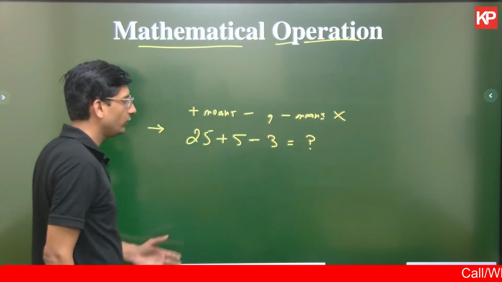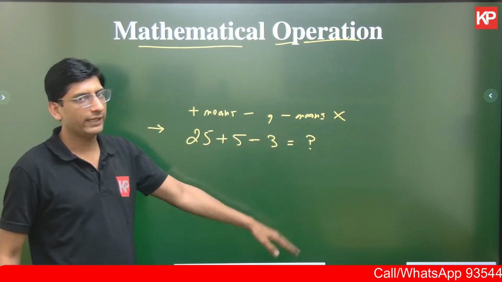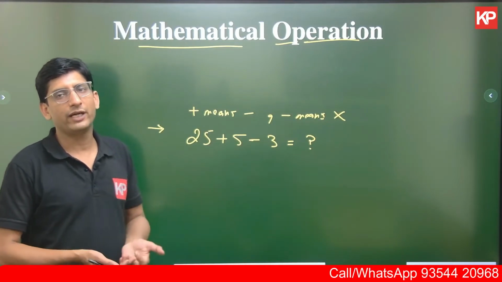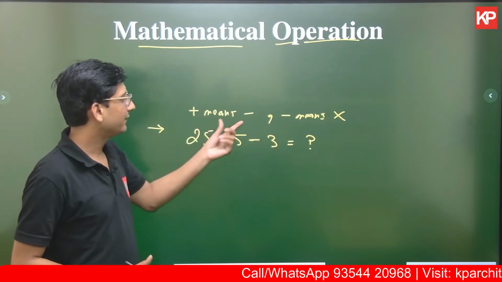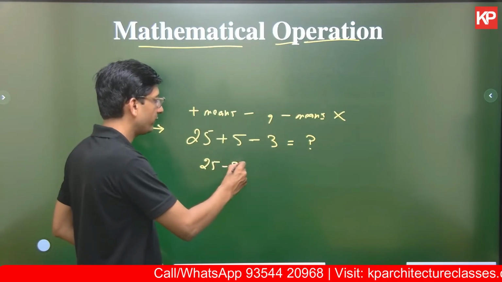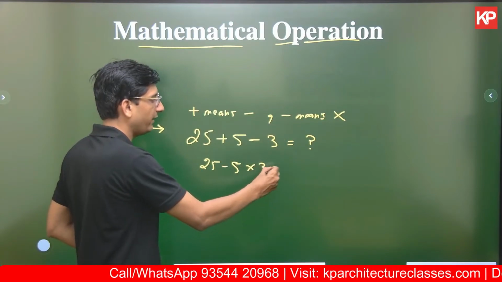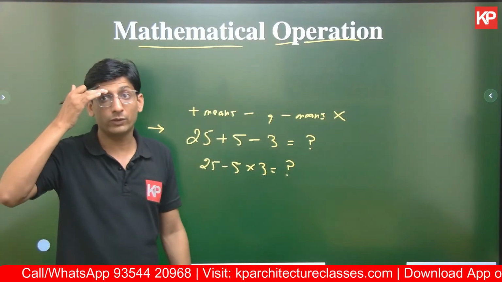So we have to replace these symbols of plus, minus as per BODMAS, and then solve the given equation. If we replace plus by minus, it will be 25 minus 5, minus means multiply, multiply by 3 is equal to ?. Also, in the next slide I will let you know about BODMAS.